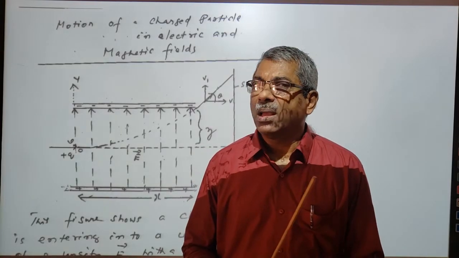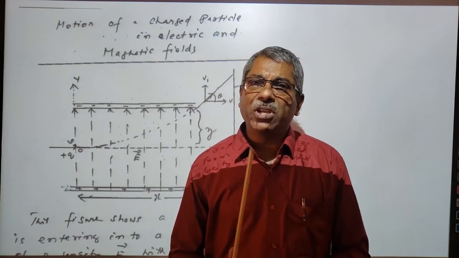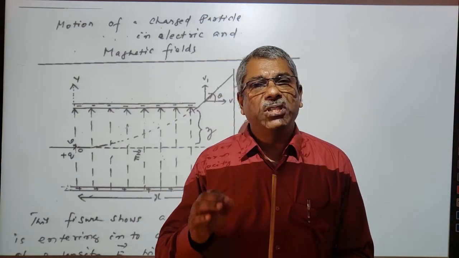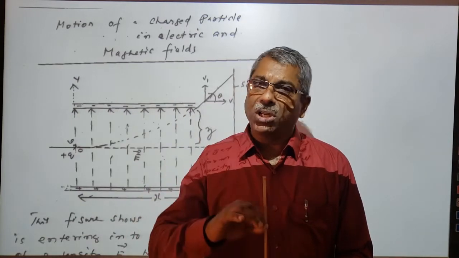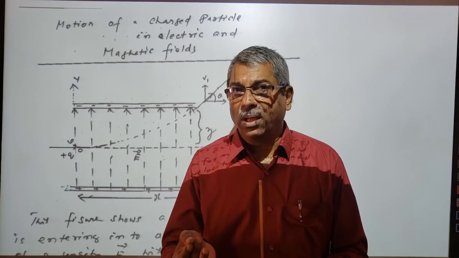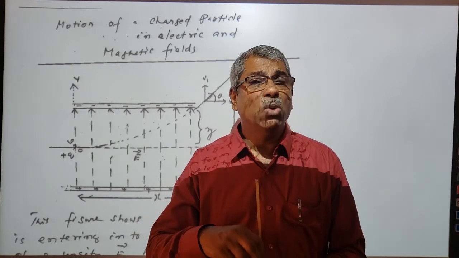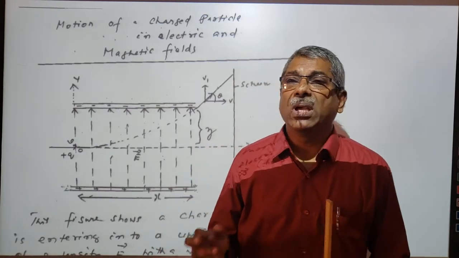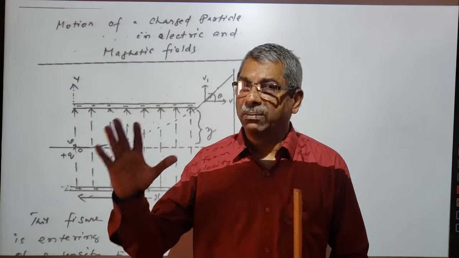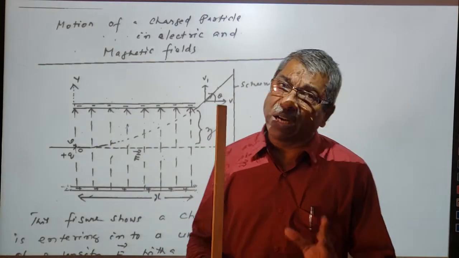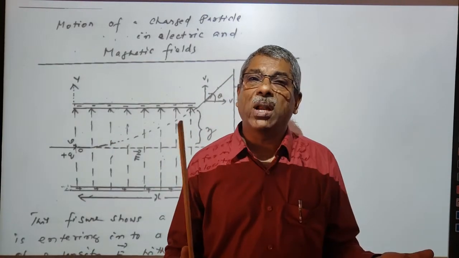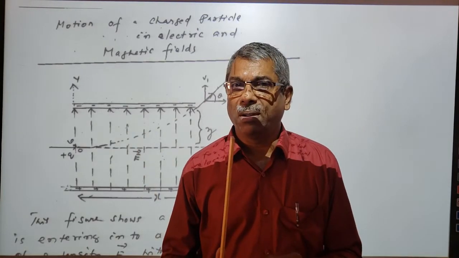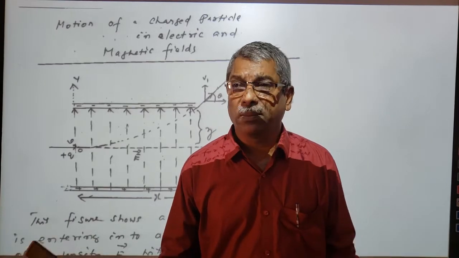But remember that when a charged particle is in an electric field, whether the charge is stationary or moving, in both situations force acts on it. The force is F is equal to Q into E. But in the case of a magnetic field, that difference I have already said, force acts only when the charged particle is moving.